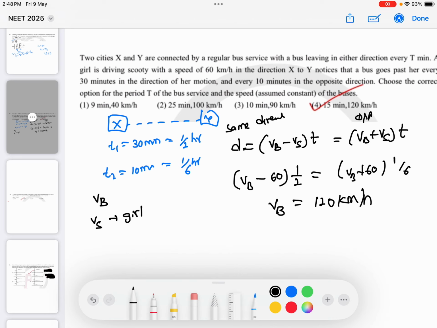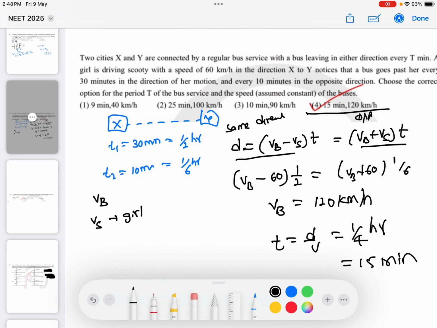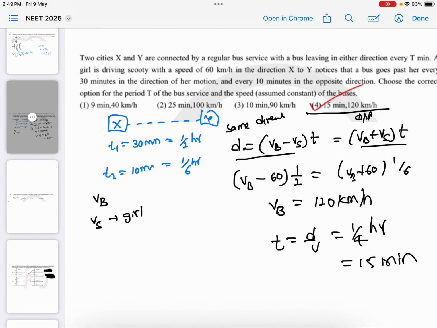This is substituted in the first equation or the third equation, and you get the time T equal to D by V, which is equal to 1 by 4 hour. Here the answer is given in minutes, which is 15 minutes. This topic belongs to straight line motion, particularly relative motion.